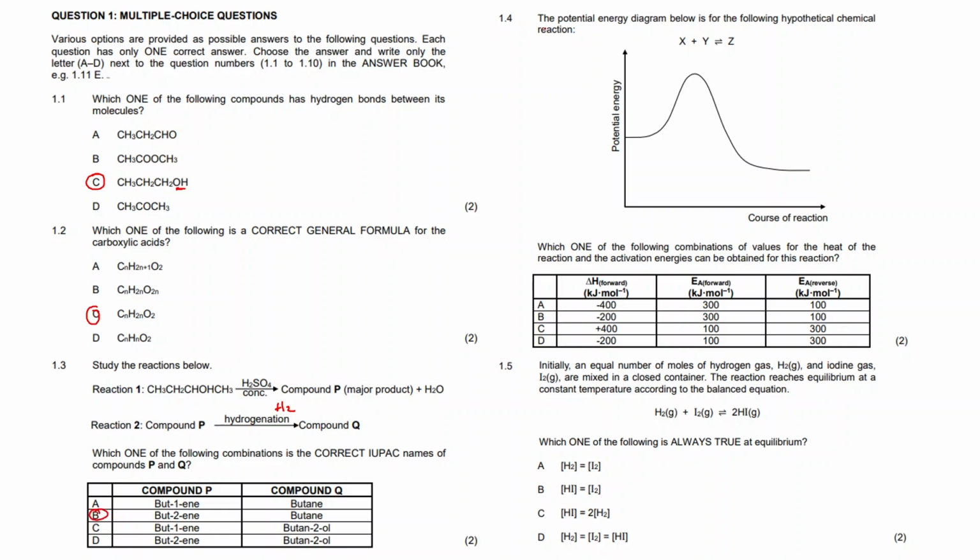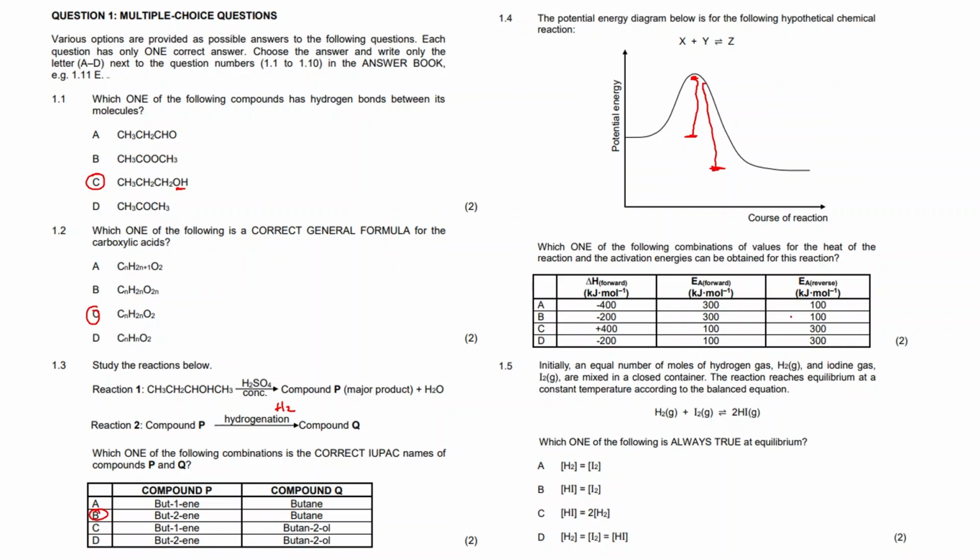Question 1.4. The potential energy diagram below is for the following hypothetical chemical reaction. Which one of the following combinations of values for the heat of the reaction and the activation energies can be obtained for this reaction? So we can start by looking at the activation energies. So since we start here, the forward activation energy would be this part over here. And for the reverse reaction, our activation energy would be from here to there.